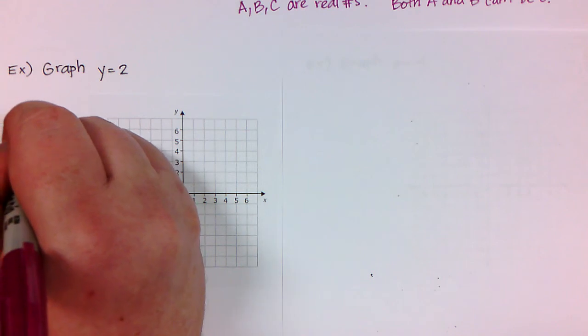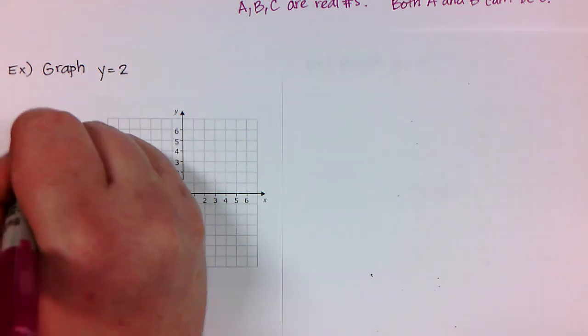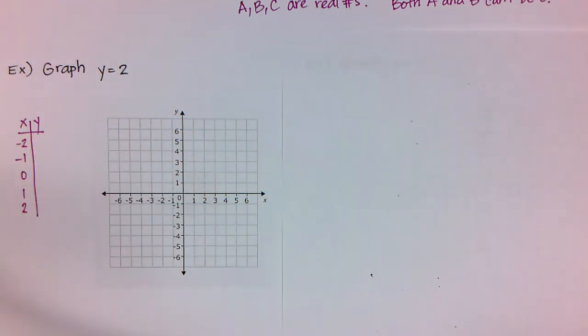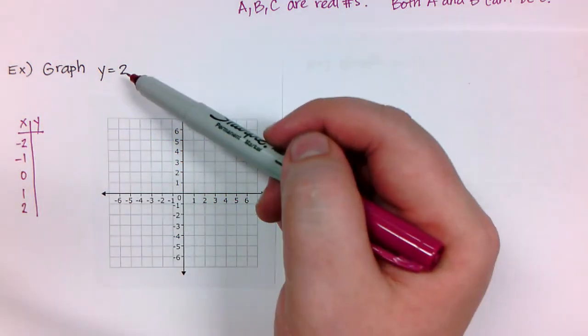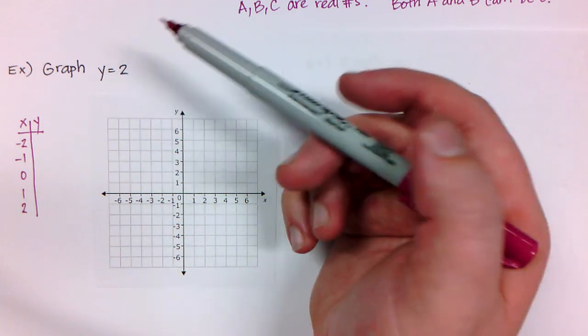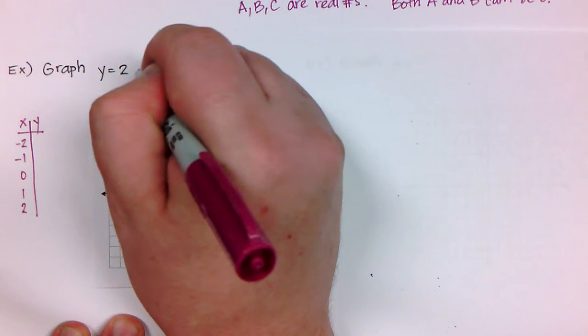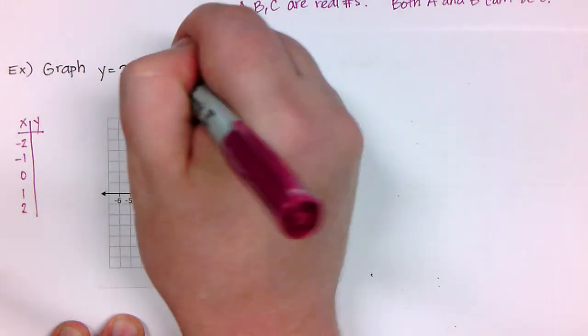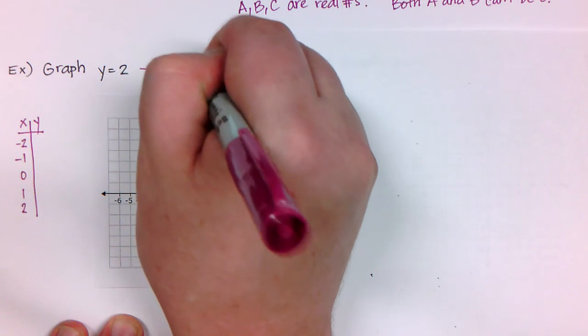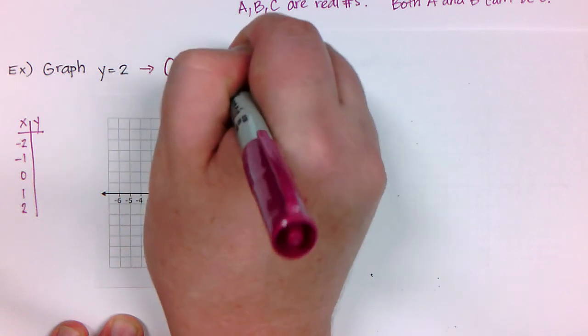So let's say -2, -1, 0, 1, and 2. Well, when you look, I don't have an x in my equation to plug it into. That is because really what this looks like is 0 times x plus y is equal to 2.